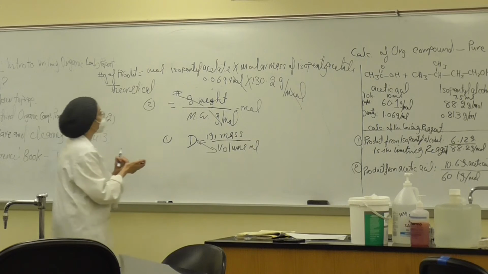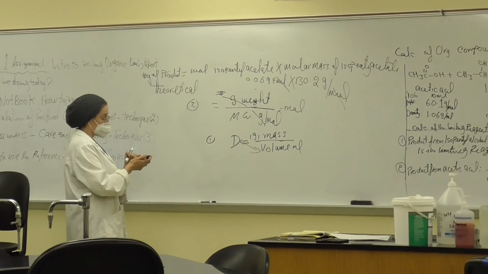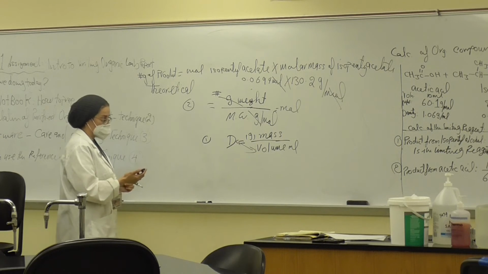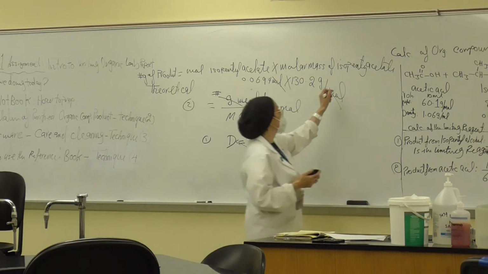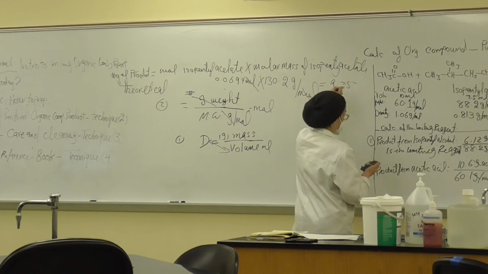So I'm going to multiply 0.0694 multiplied by 130.2. What did we get? 9.35.